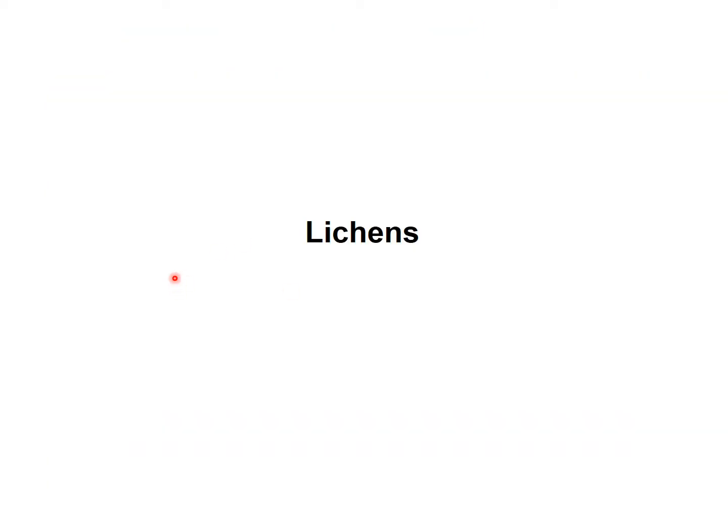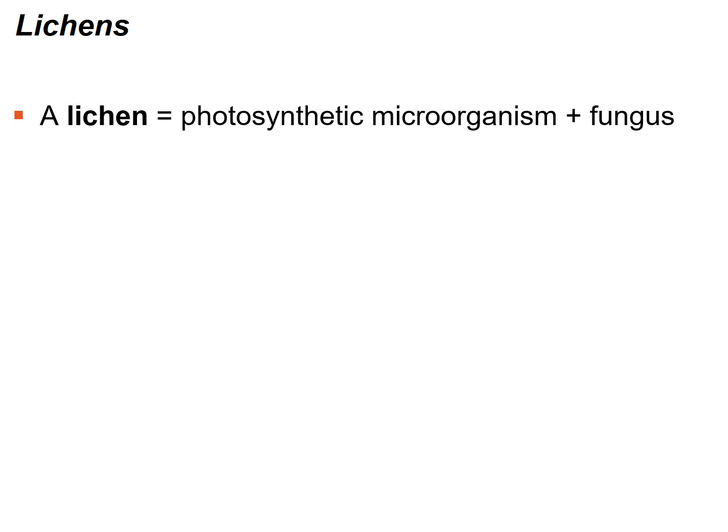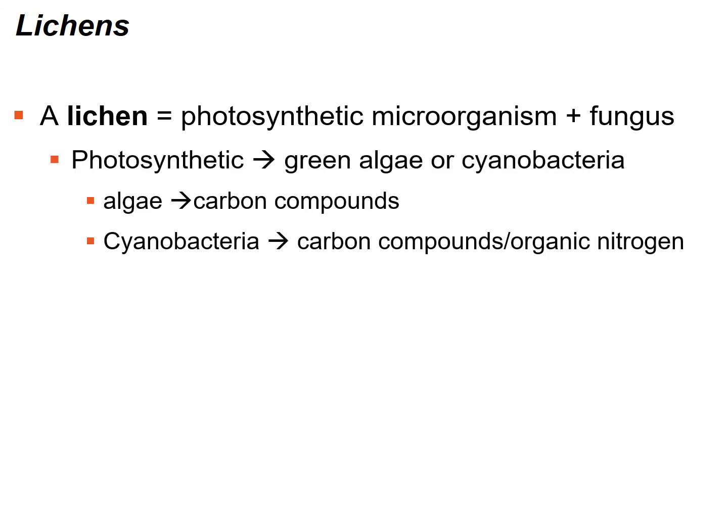Now we're going to move into what are called lichens. Lichens really aren't an individual fungus on their own. It's actually a relationship between 2 or more organisms. Within a lichen will always be at least a fungus and some photosynthetic microorganism.